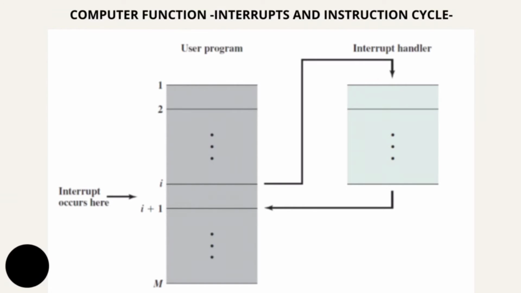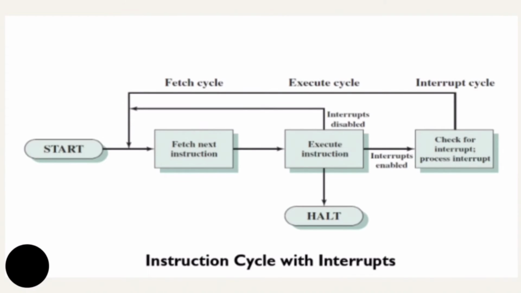The processor responds by suspending operation of the current program, branching off to a program to service that particular input or output device, known as an interrupt handler, and resuming the original execution after the device is serviced. The interrupt handler program is generally part of the operating system.